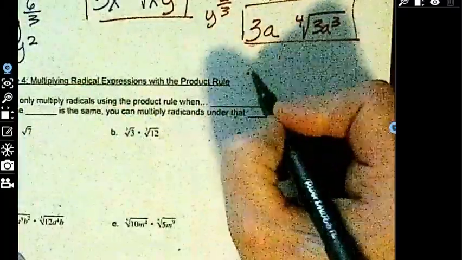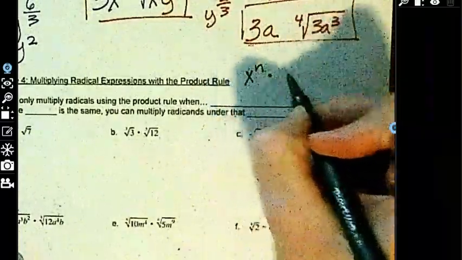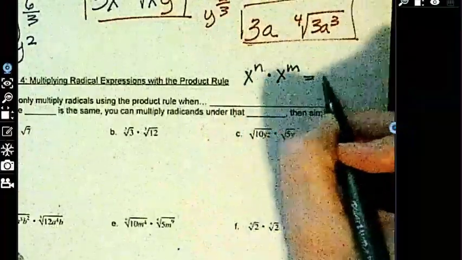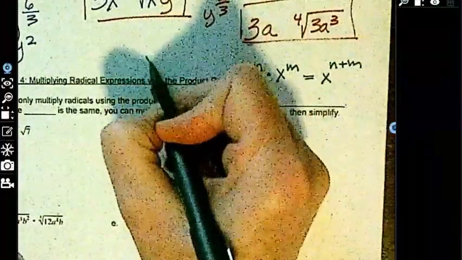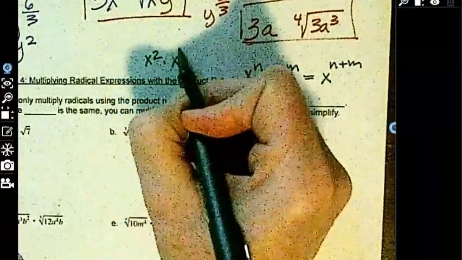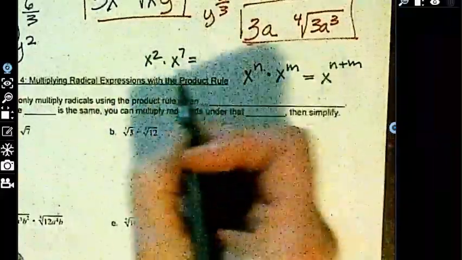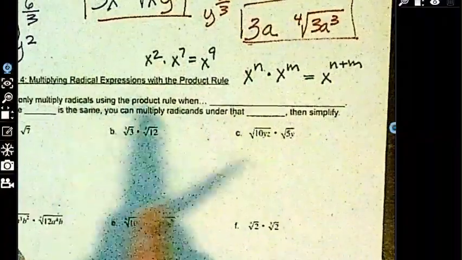The product rule says x to the n times x to the m is x to the n plus m. If you have x squared times x to the 7th, that equals not x to the 14th, it's x to the 9th. Okay, so that's the product rule.